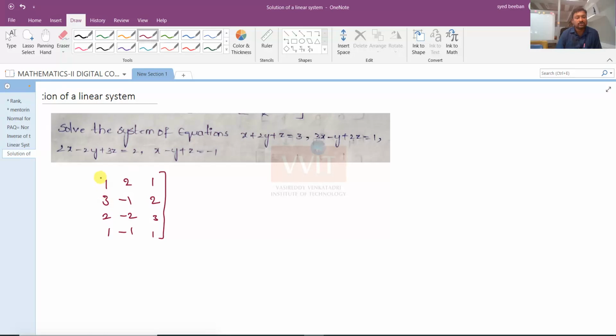This is the coefficient matrix A, and the unknown matrix X is x, y and z. The constant matrix is 3, 1, 2, minus 1.